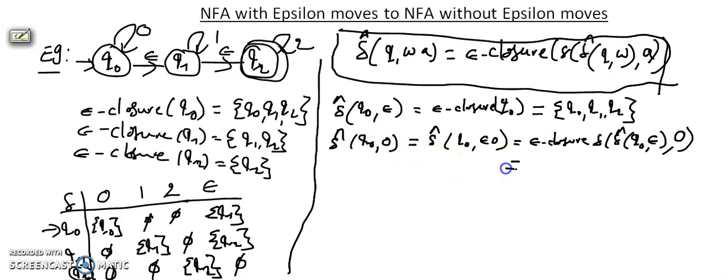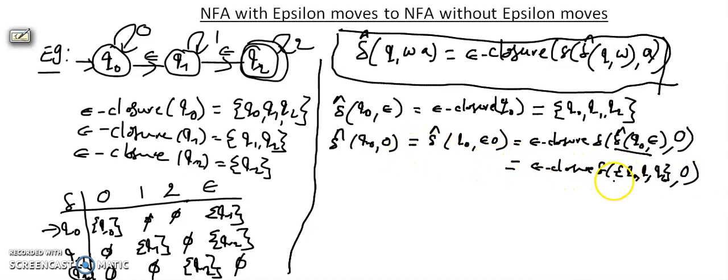So next step is E closure of delta of Q naught, Q1, Q2, comma 0.